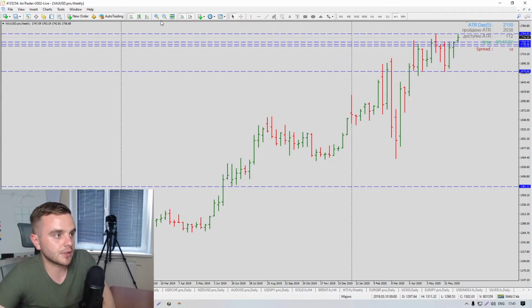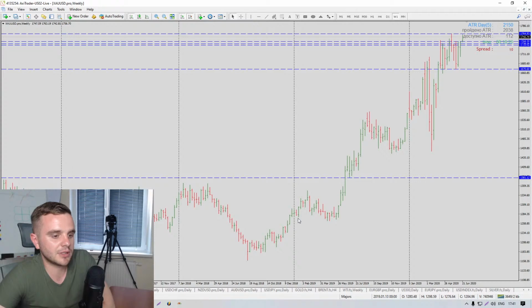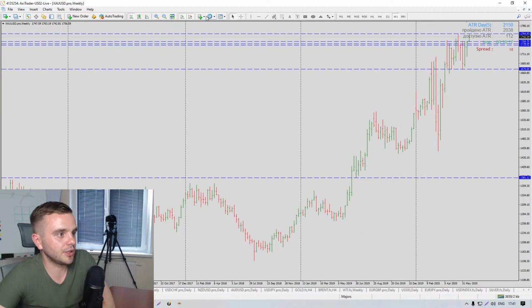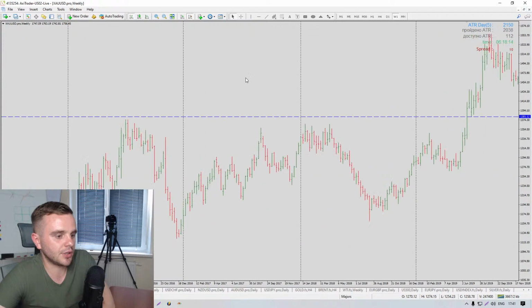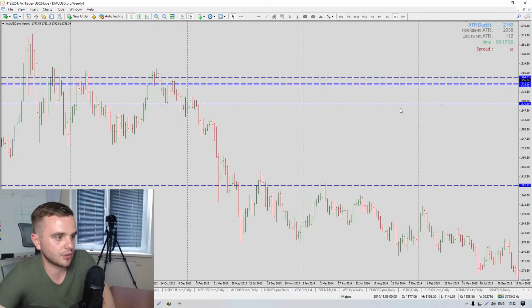About this price, the price at this moment is in a powerful uptrend. Take a look at the history, after what situation price made some drop. As you can see, a drop happened here after this range, a huge accumulation. My friends, by the way, this is the weekly chart. Gold dropped down after this huge range, huge accumulation.